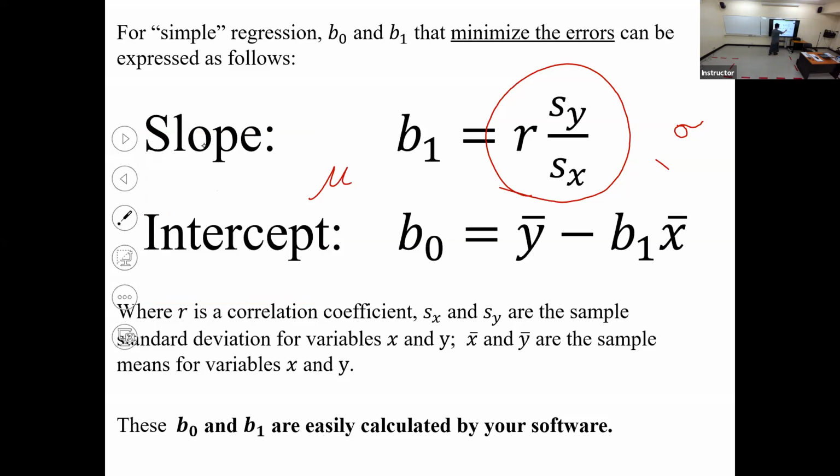This y bar is the sample average, the sample mean of your y variable. So this one, fine. Minus b1 times x bar. So x bar is the sample mean for the variable x.